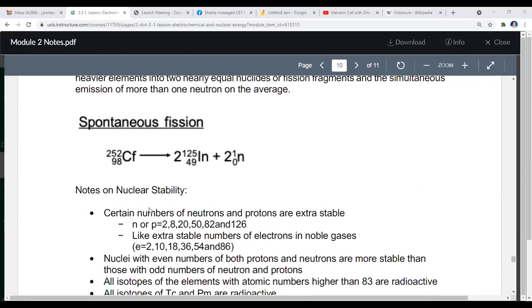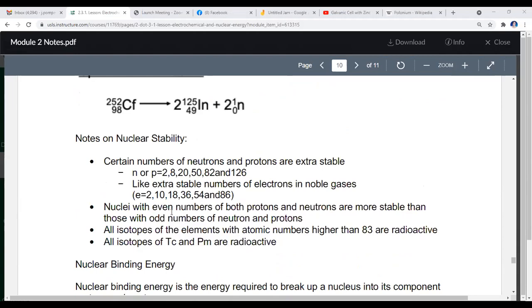Now, notes on nuclear stability. Certain numbers of neutrons and protons are extra stable. So N or P equal to 2, 4, 20, 50, 82, and 126. Meaning, if you have these numbers of neutrons or protons, they are extra stable atoms, like the extra stable numbers of electrons in noble gases.